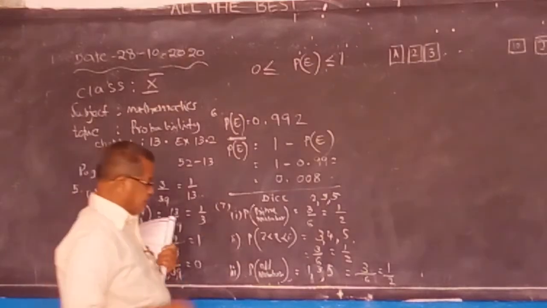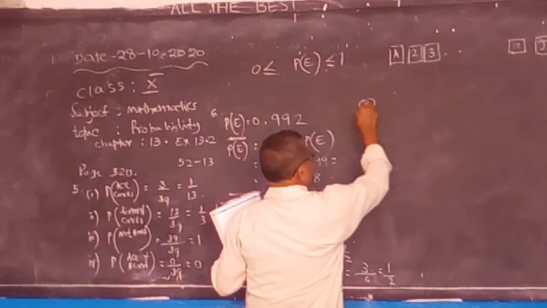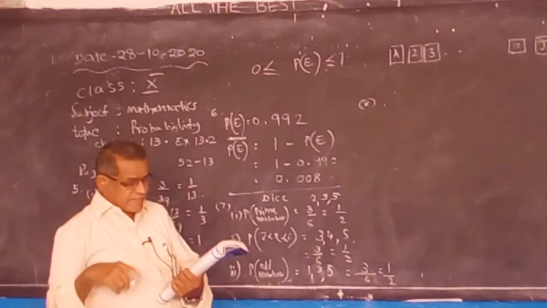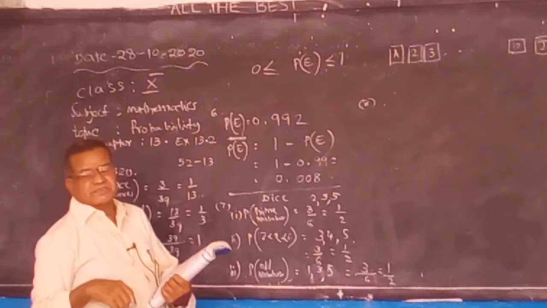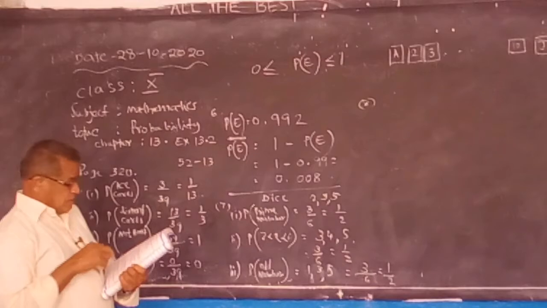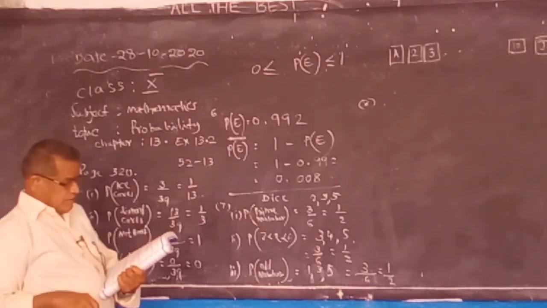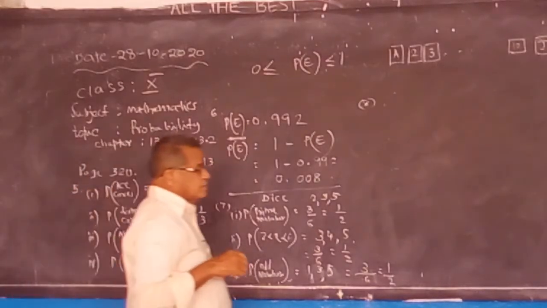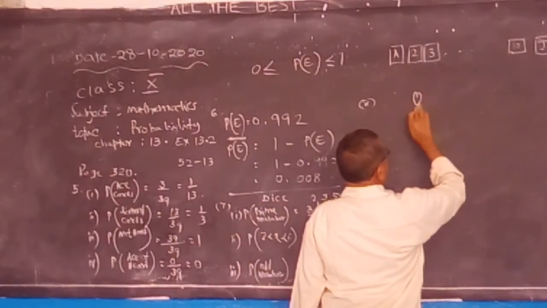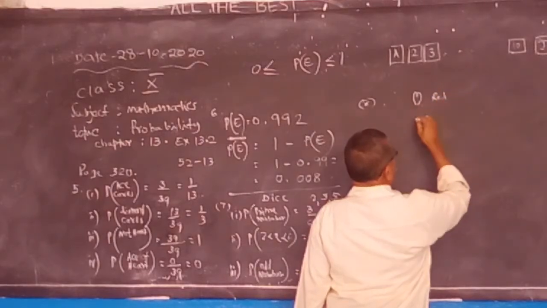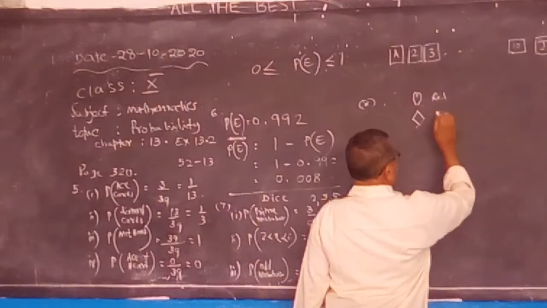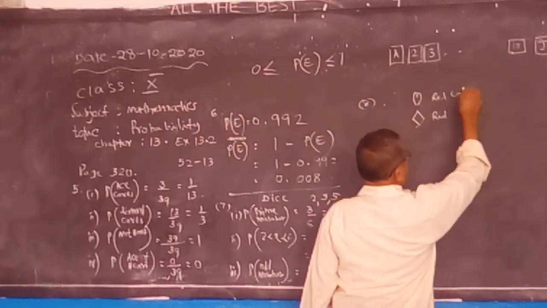Next, 8th question. What is the probability of selecting a red king from the deck of cards? Red kings. We know the red cards are of two types, heart and diamond, both red in color.